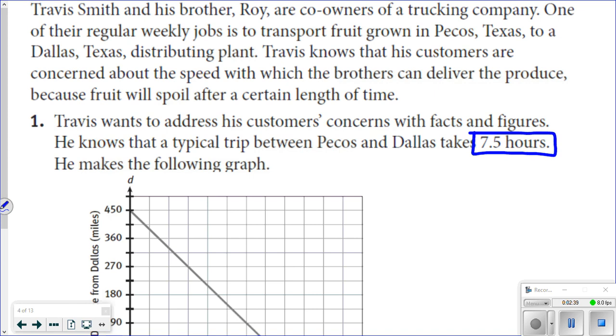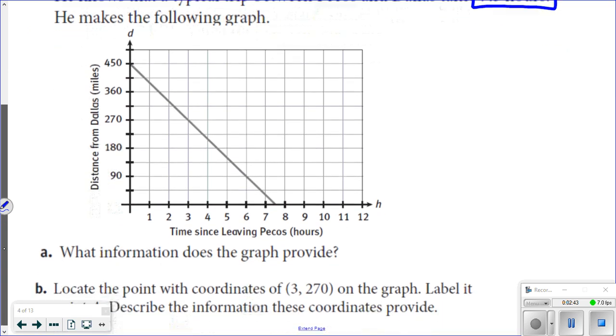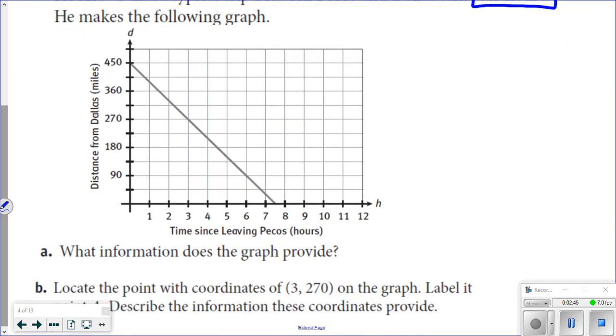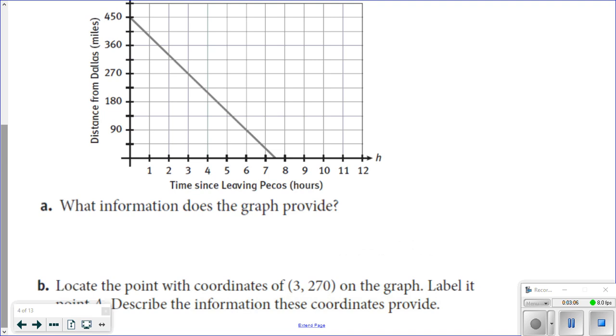What I want you to do is analyze or look at the graph, observe the graph, look at the numbers, look at the labels, and write down everything that you observe or that you recognize under question A. What information does the graph provide?